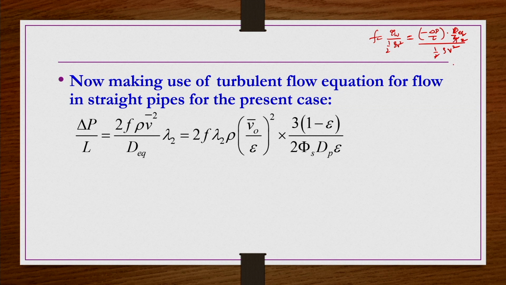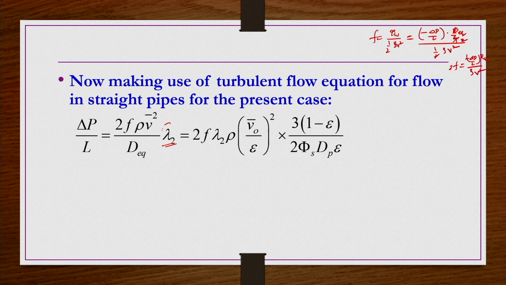So, then we have 2 f is equal to minus delta P by L times D equivalent divided by rho V square, or minus delta P by L is equal to 2 f rho V square by D equivalent, and then the tortuosity factor for an irregular packing that we are having in the bed.